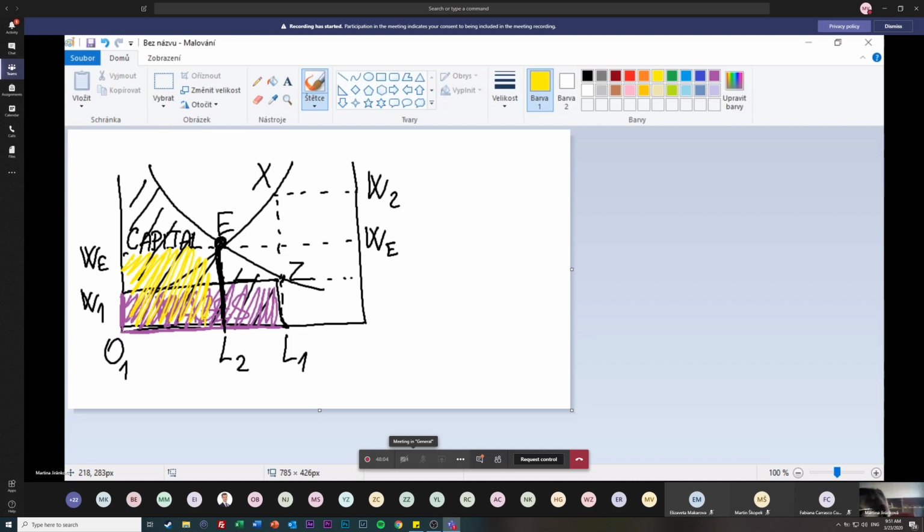But definitely you can see that the area belonging to capital is smaller. They have only the rest above the yellow rectangle.